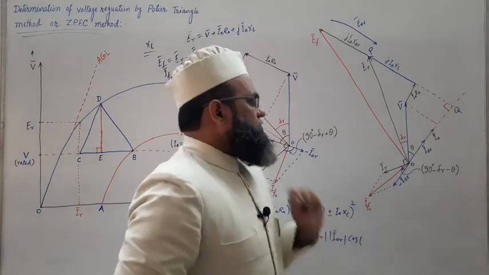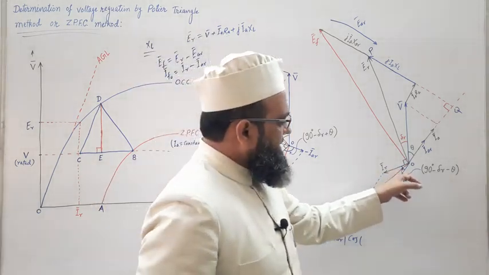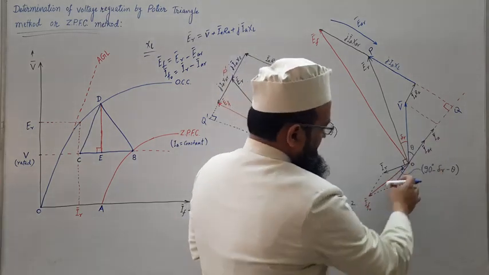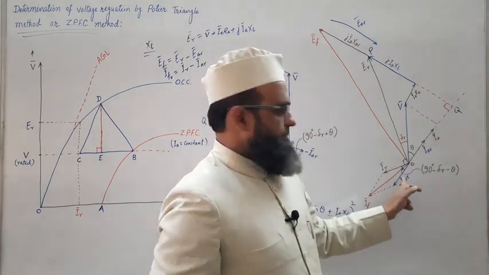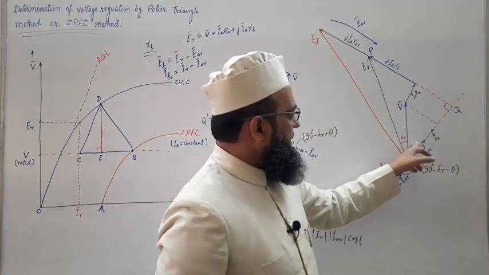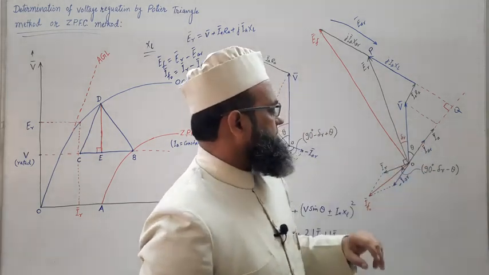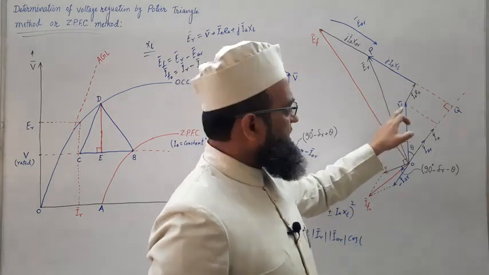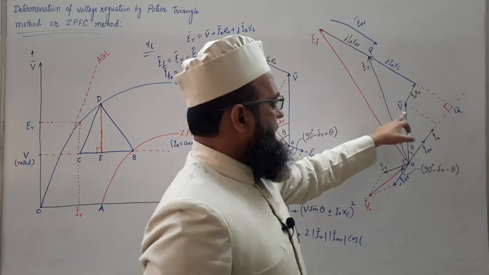So angle between these two will be, see this angle, we want to write this angle. See, angle between Ir and minus IaR is 180 degree. So after subtracting these two, theta and delta R, where delta R is angle between Er and V, air gap EMF and terminal voltage.